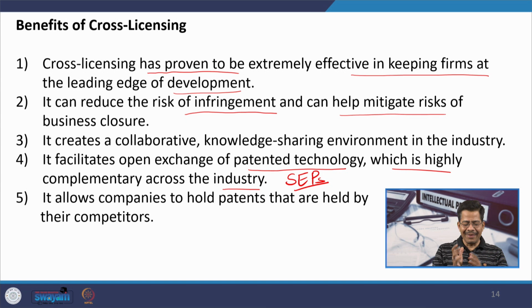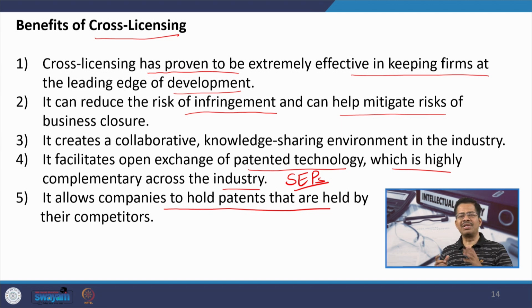So, therefore, a lot of complementary activities happen because of this cross licensing, and you can hold your patents, and your competitors can also hold patents. So, in a competitive environment, collaborative activities are possible. So, you are not collaborating to compete, but you are collaborating for collective success. That is possible with cross licensing.